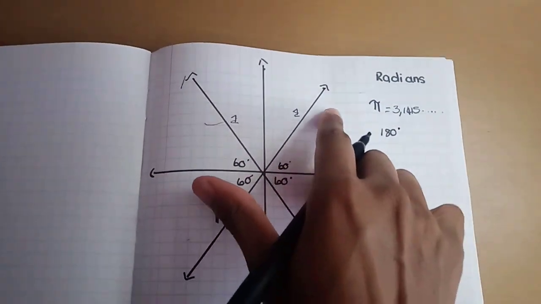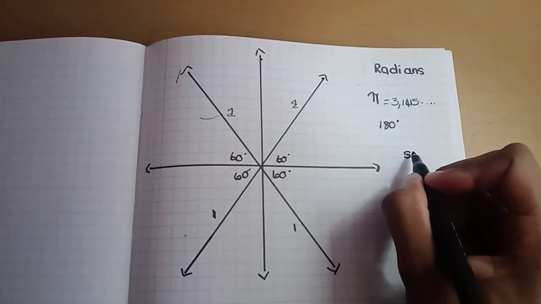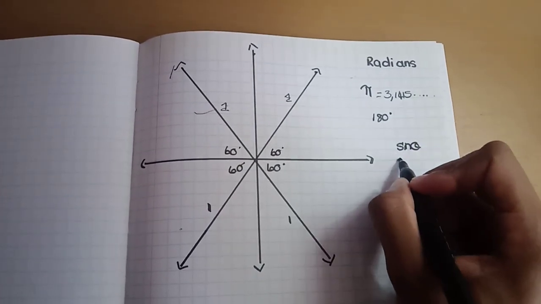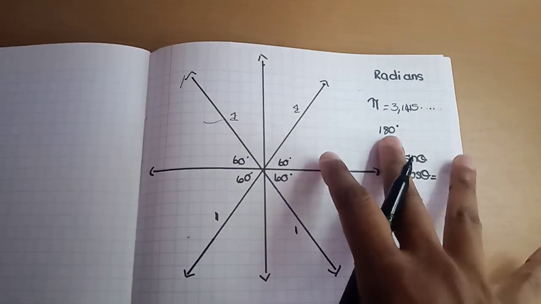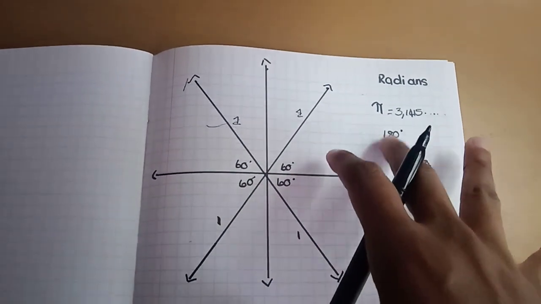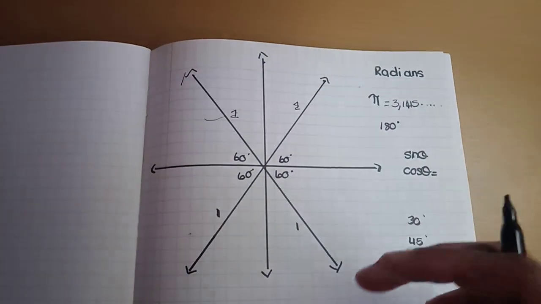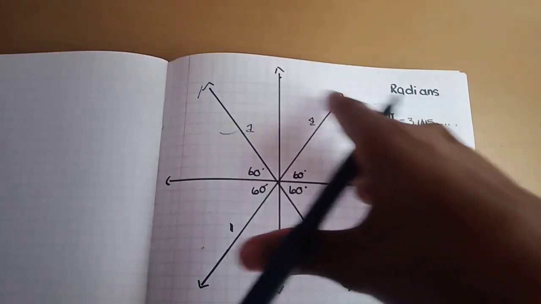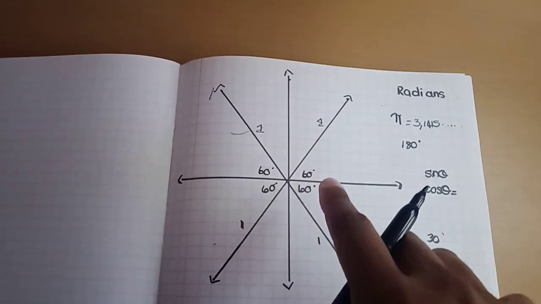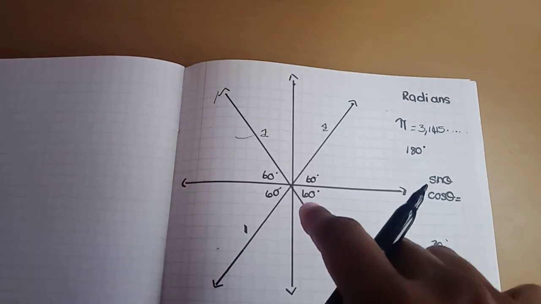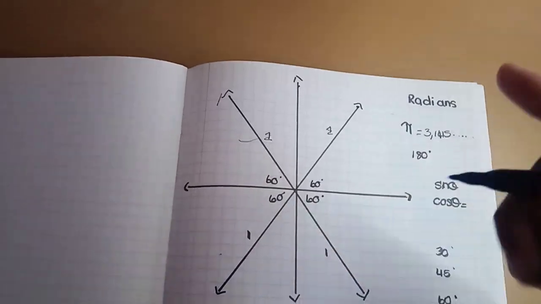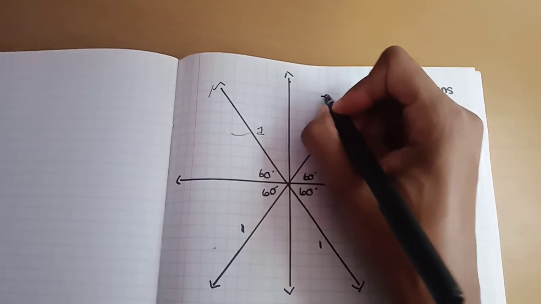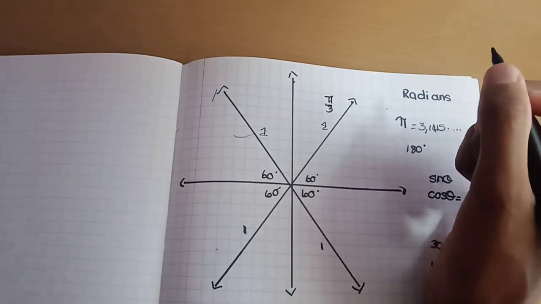Hence, when you write the different values of sine theta and cos theta in terms of radians, we can use this value to do reduction and subsequently find the values of each of the special angles. The example I've used over here is 60 degrees as my reference angle. So I'm going to label the first quadrant as pi over 3.